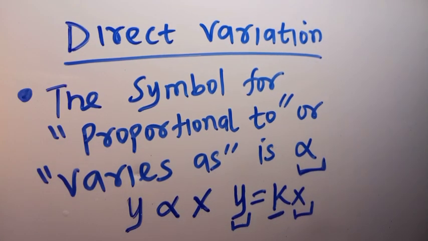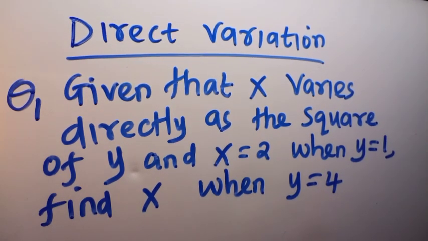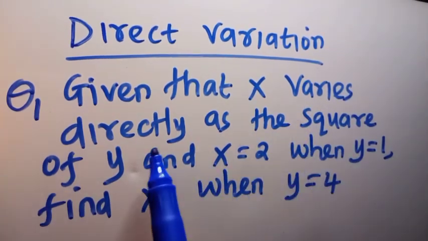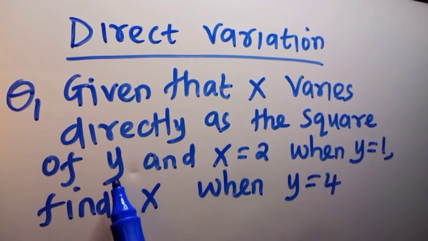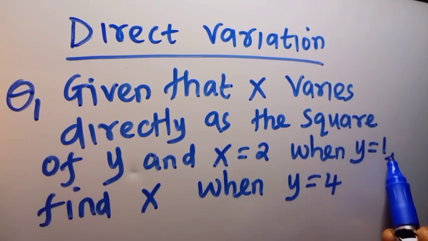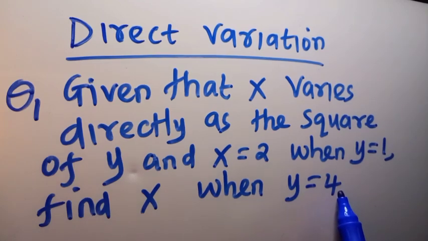Now, let us consider an example of direct variation. The question is, given that x varies directly as the square of y, that is y squared, and x equals 2 when y equals 1, find x when y equals 4.